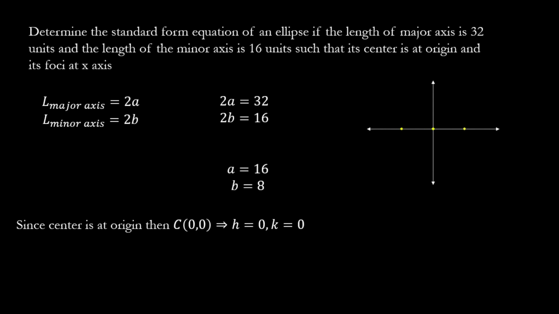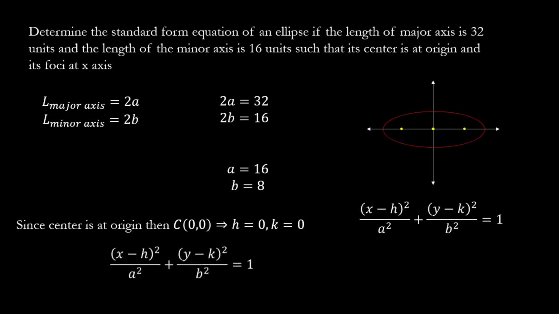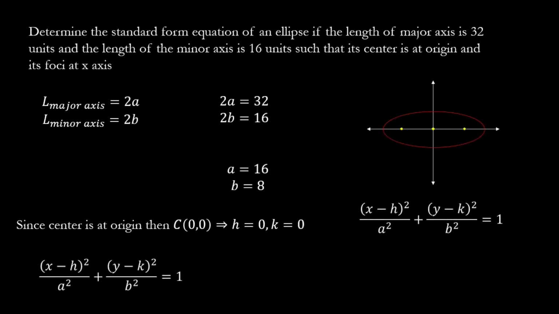Orientation po ng mismong ellipse is horizontal. Okay? So, since we already know, the standard form equation for the horizontal ellipse is the following. Okay? Using this formula, we can plug in all the values we have. a is equal to 16, b is equal to 8, h is equal to 0, and k is equal to 0.